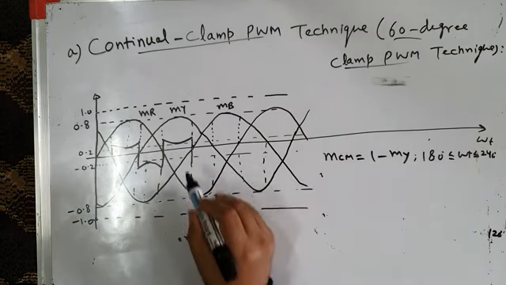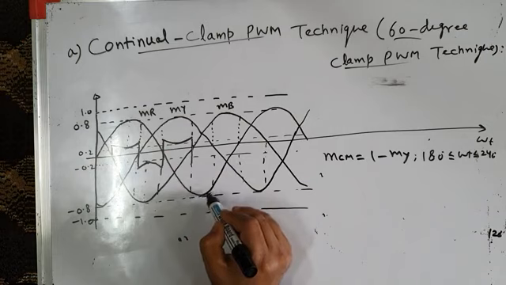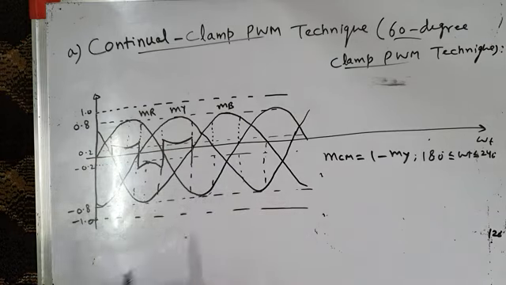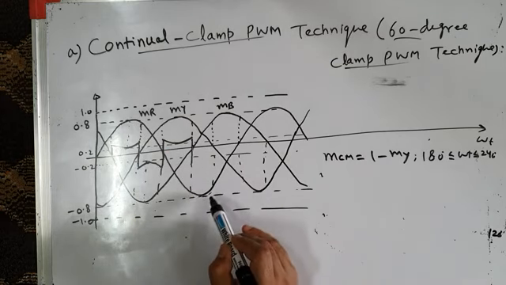Then during this 60 degree interval, your MR is now having maximum negative value. And we want to clamp during this period the phase leg R to negative DC bus. Okay.